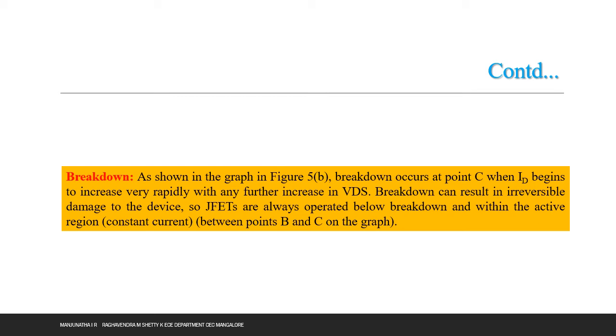when we increase the VDS by VDD, it makes the PN junction more reverse biased. So when the reverse bias is more, the depletion region width also increases. It keeps on increasing till a certain value of VDS and the depletion region will break down.